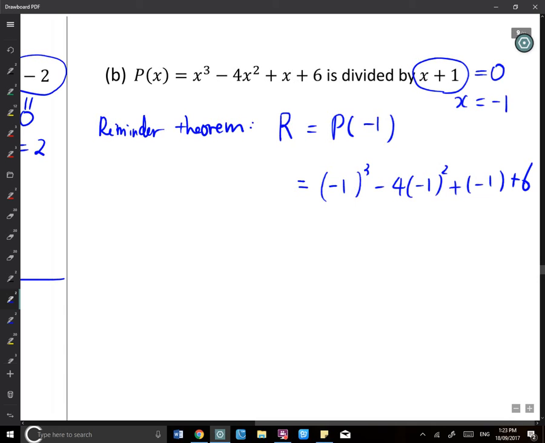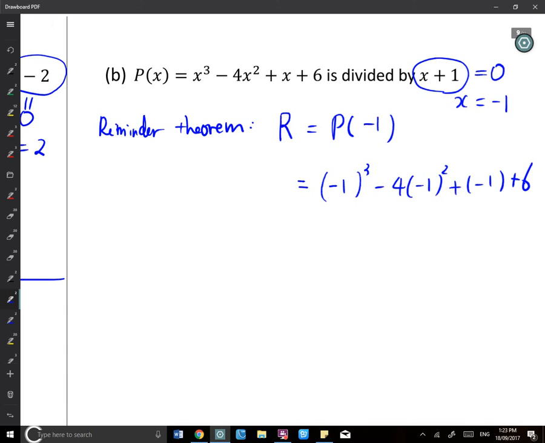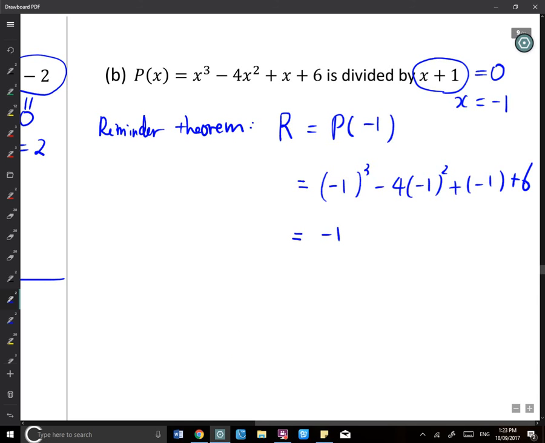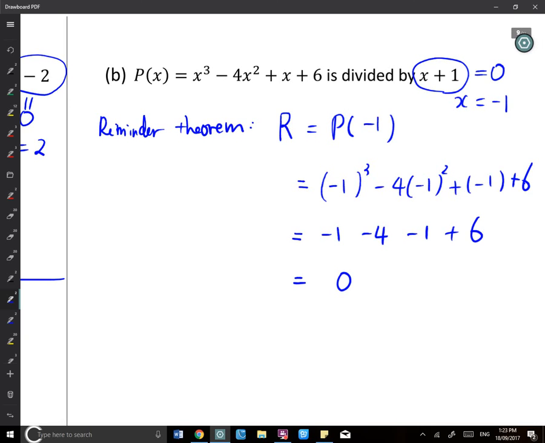Negative 1 minus 4 minus 1 plus 6. That equals 0. Okay, 0 is something you need to be aware of, because 0 means no remainder here.